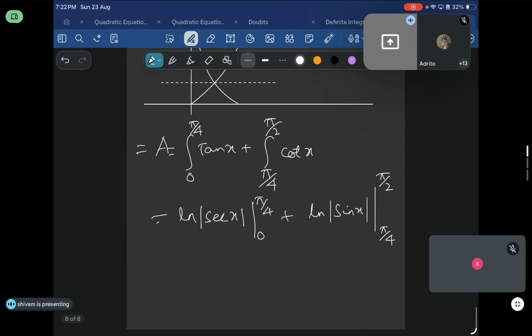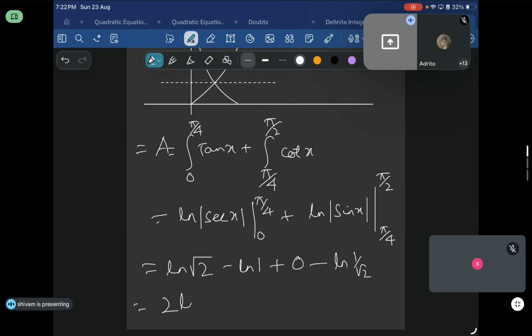Right, tell me, are you people getting it? So this will become how much? Sec pi by 4 will be root 2. So ln of root 2 minus ln 1, that is 0, plus ln 1 is 0 minus ln 1 by root 2.